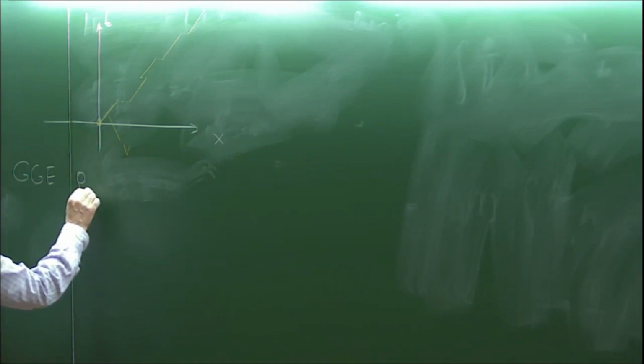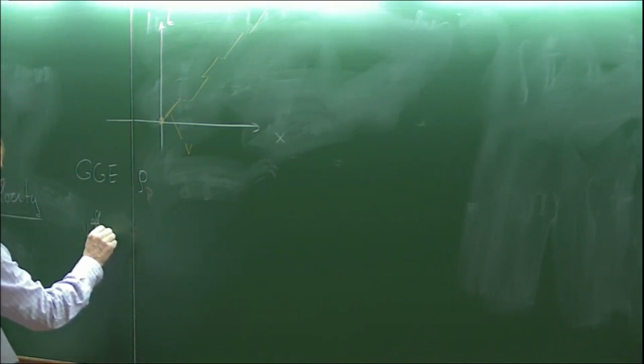And this we hope we can do with sufficient precision so that this picture makes sense. Okay. Now the GGE has this particle density which is rho p. That's the one which comes from this variational problem. And now what I want to compute is what I call the V effective of v.